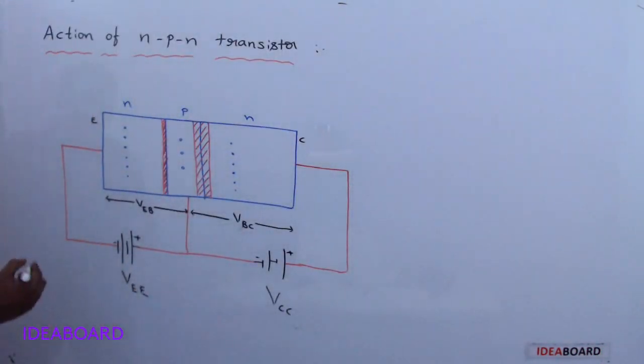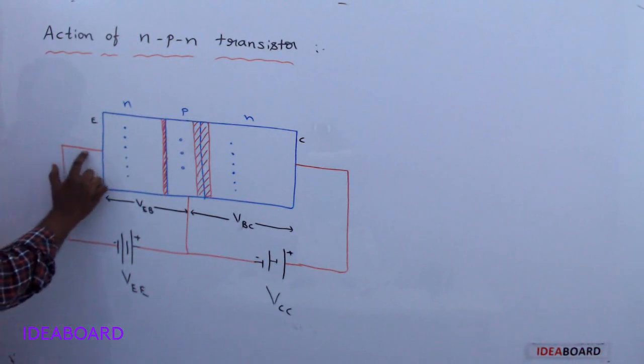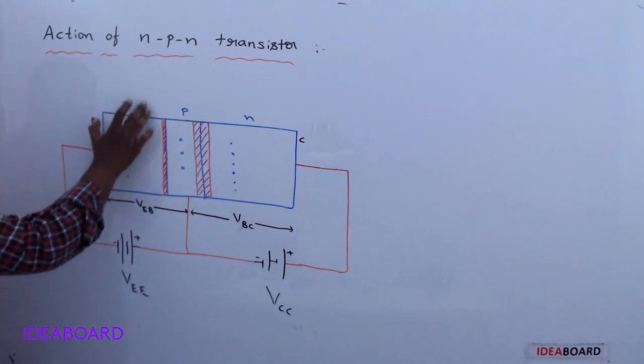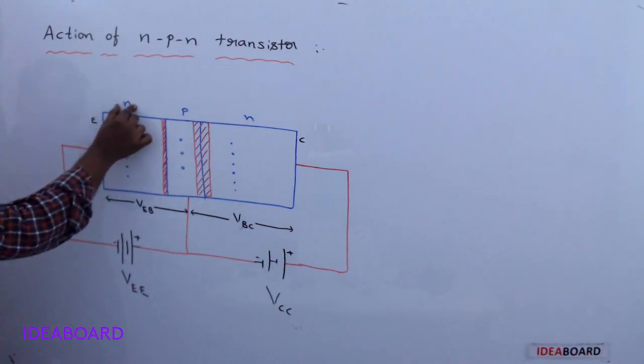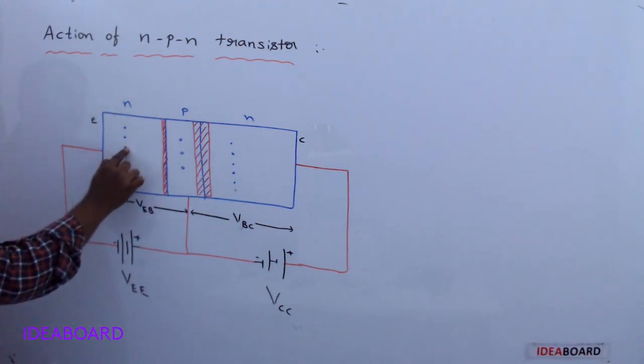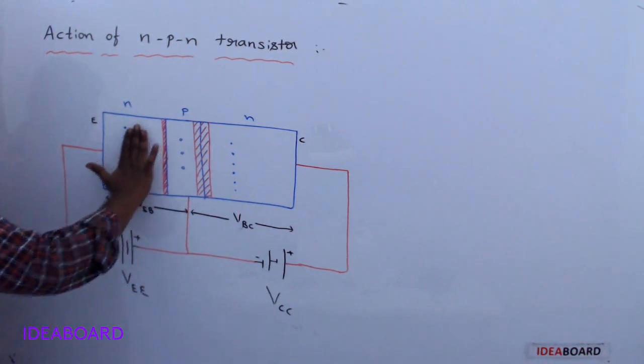Let us see. This is the negative terminal. The negative terminal of the battery is connected to the emitter, and this is N-type semiconductor. In N-type semiconductor, the majority charge carriers are electrons, which have negative charge.